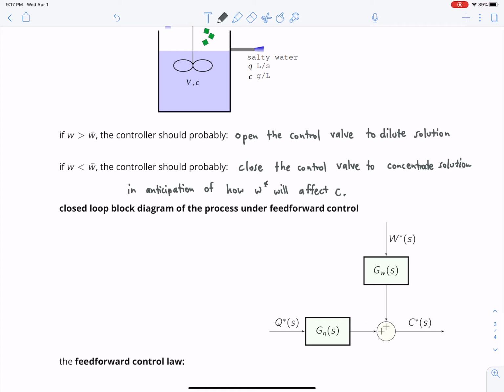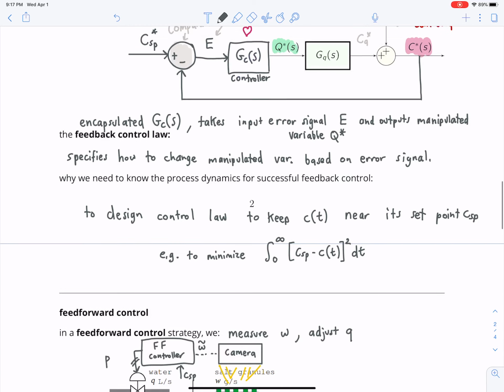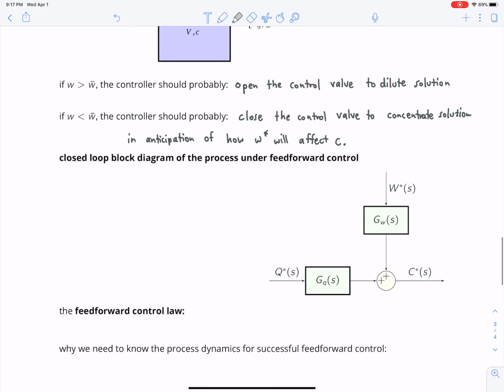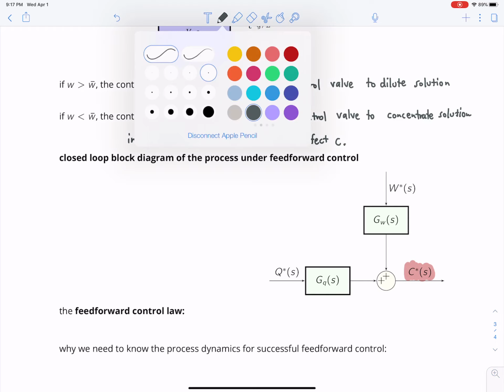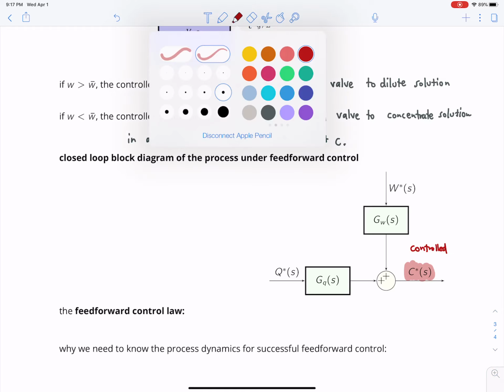So now let's draw what the feed-forward control loop looks like. Now, instead of measuring the controlled variable like we did before, so we'll highlight these again. This is controlled. We're not going to measure that this time. Instead, what we'll do is measure the manipulated variable.